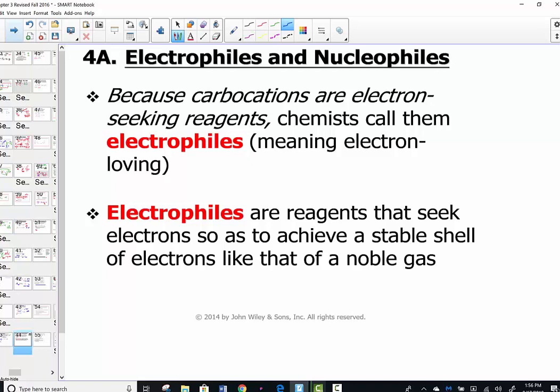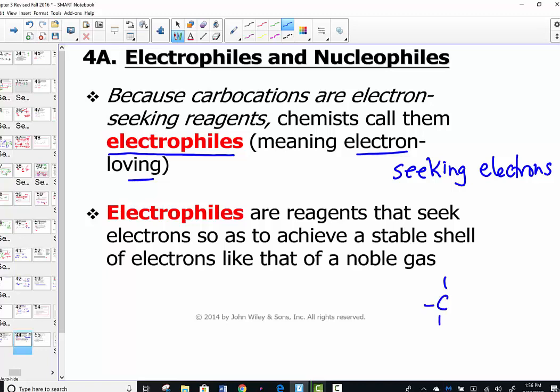Because carbocations are seeking electrons, we have a vocabulary word for them called electrophiles. When you see philes, it means loving. Electrophiles means electron loving. They are seeking electrons. Electrophiles are selected reagents that seek electrons to achieve a stable noble gas configuration.